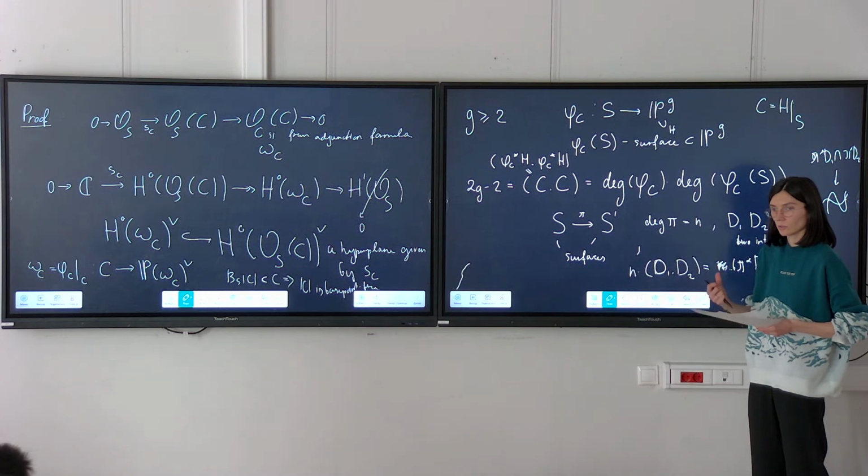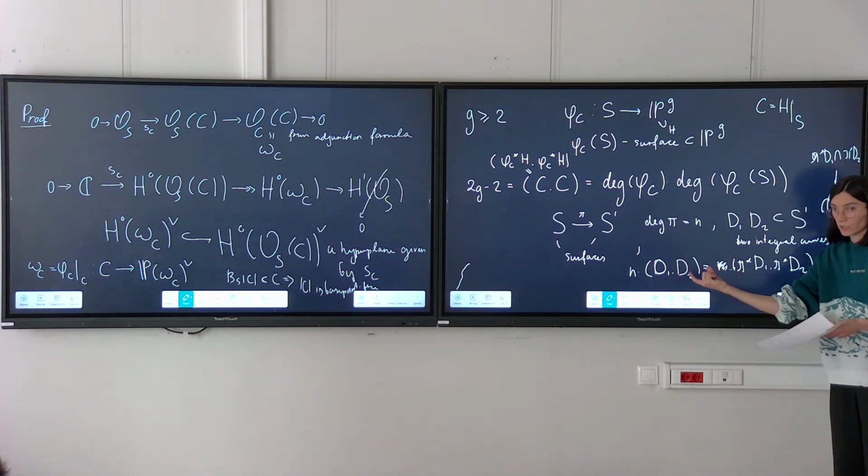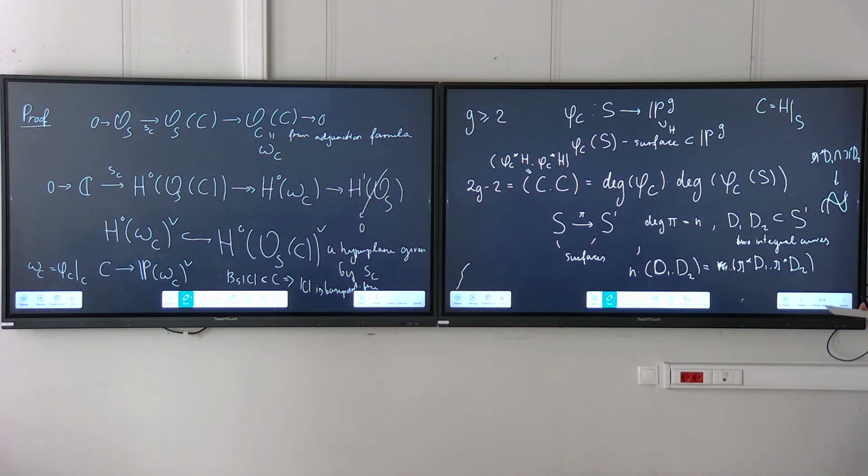But we may always deform them in such a way, if we have a moving lemma for intersections, so we can always deform them. So maybe yes, maybe it's always true.